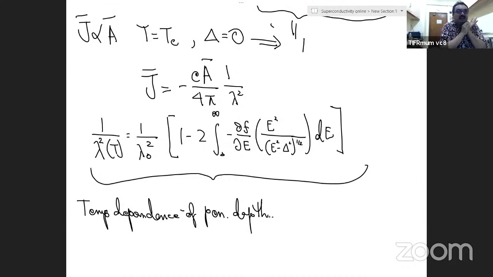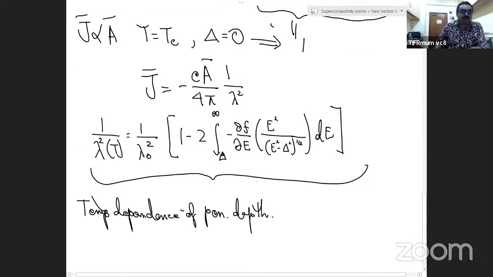At T equal to 0, this integral becomes 0, because this is a delta function, very sharply peaked at 0 energy, but the integral starts from delta. So you are missing the delta function and you don't have anything. So this integral is 0 at T equal to 0.